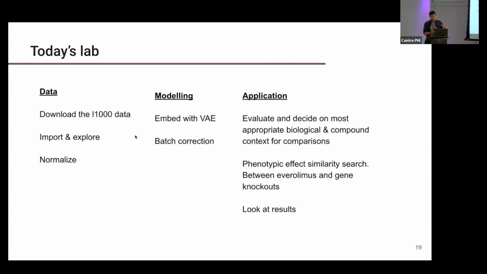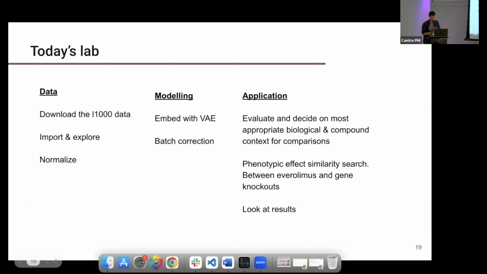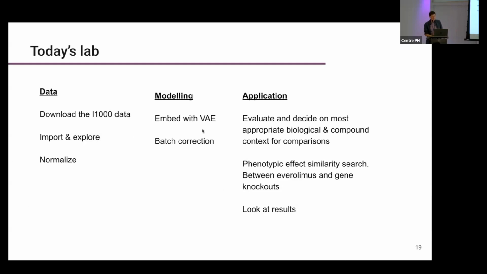I'll go into things I do differently in our real analysis later, in the recap. All right, we import the data, explore it, visualize it some, look at structures in the data, and try to normalize it. Everyone loves a normal distribution. Then we will make an embedding with a variational autoencoder, perform some batch correction, and finally get to our actual application.